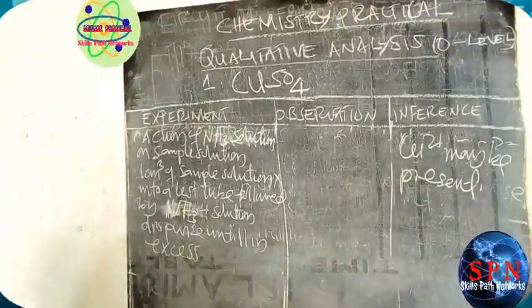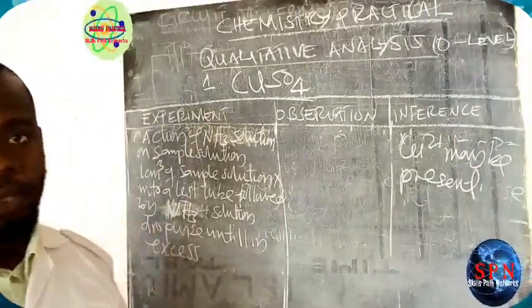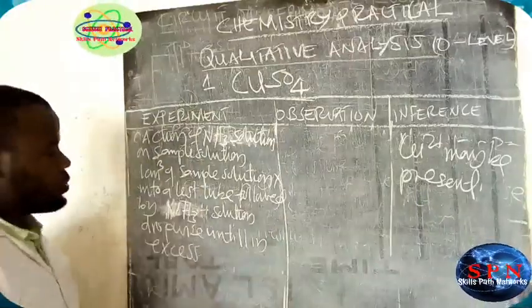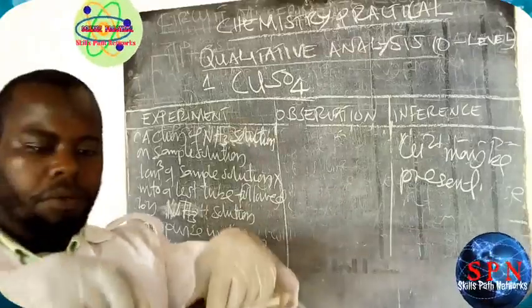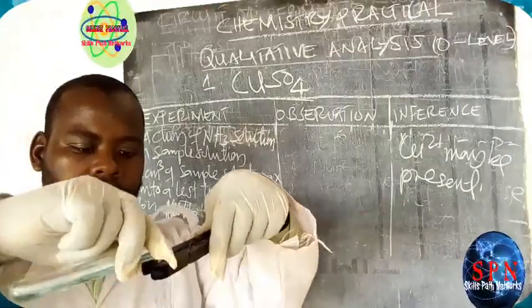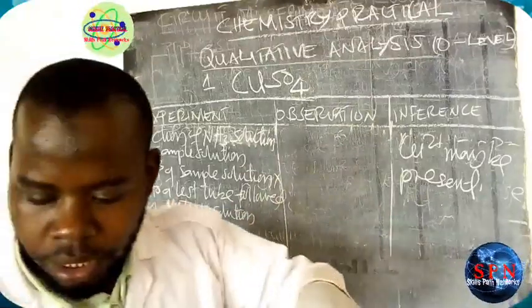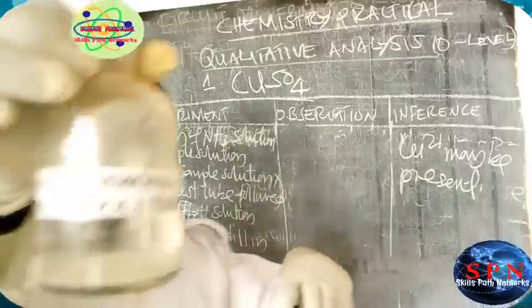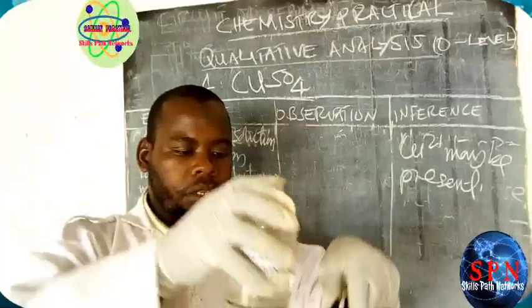Another test solution is the action of ammonia solution, or you can write ammonium hydroxide. We take the sample solution, make sure you dissolve it first, then add ammonia solution dropwise until in excess.